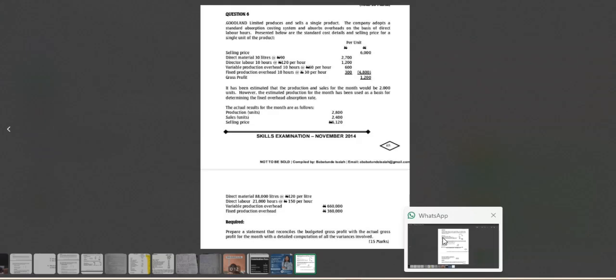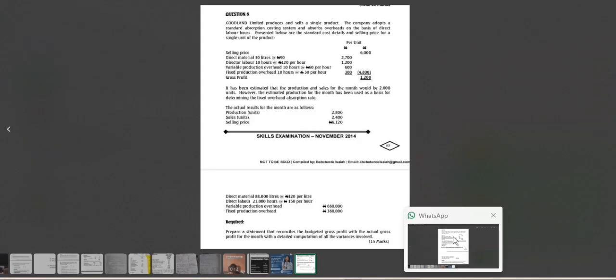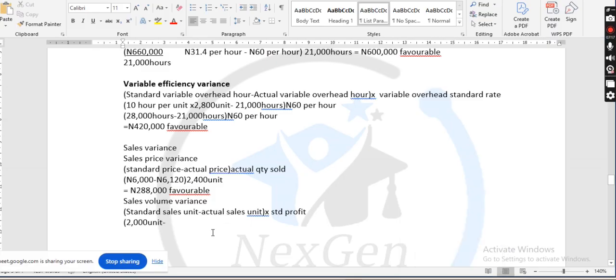It was estimated that the production and sales units for the month will be 2,000 units. What is the actual sales unit? 2,400 units.